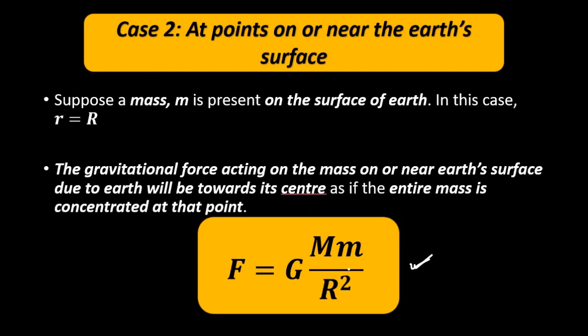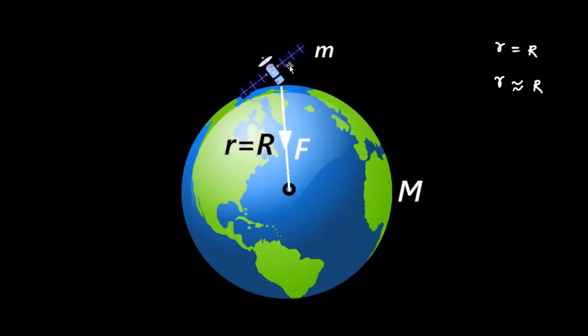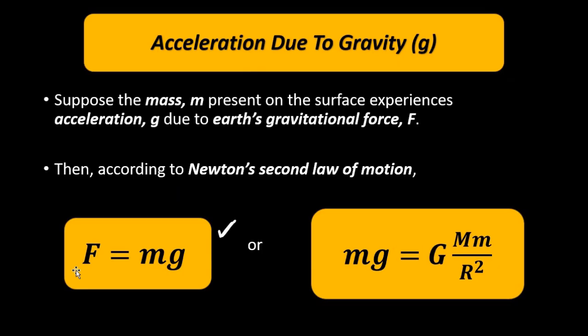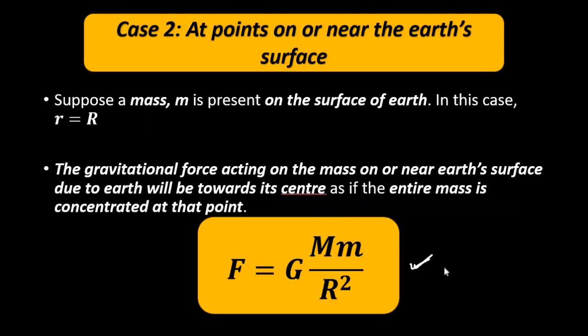F is equal to G capital M small m by R square. This gravitational force exerted by Earth on this satellite causes this. We are just expressing it in the form of Newton's second law, F is equal to mg. So we want to determine the expression for small g, acceleration due to gravity. So here we'll equate this equation with this.